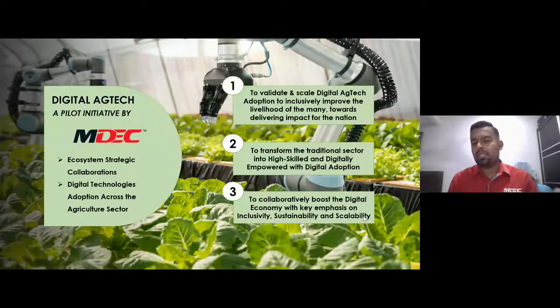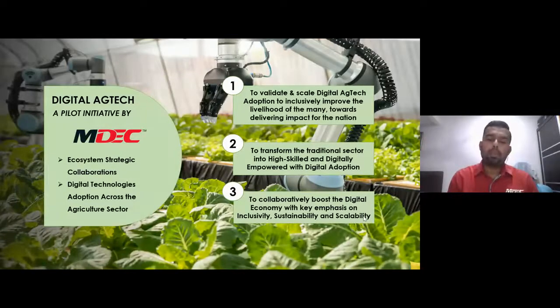If, with data-driven or digital tech solutions, farmers are able to increase their productivity, they are obviously going to earn more, which increases their income. By increasing productivity, the national dependency on food import will decrease. By decreasing food import, of course, expenses go down, and that, ladies and gentlemen, will boost the digital economy of the nation, at least from the agriculture perspective.